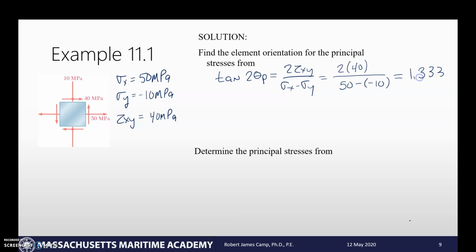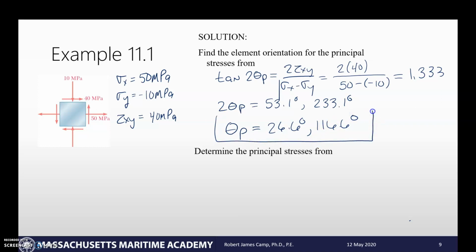Now, obviously, we need to do the arctangent, and once we do the arctangent, we can get that 2 theta p. There's going to be two solutions. We've got two roots, 53.1 degrees and 233.1 degrees. And so finally, our principal angles will be 26.6 degrees and 116.6 degrees. So there's our principal angles.